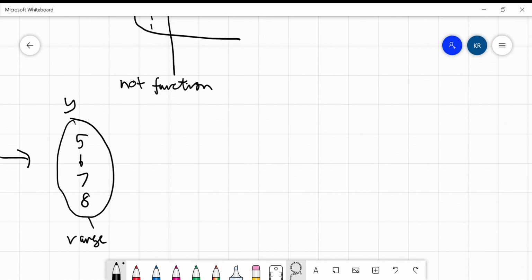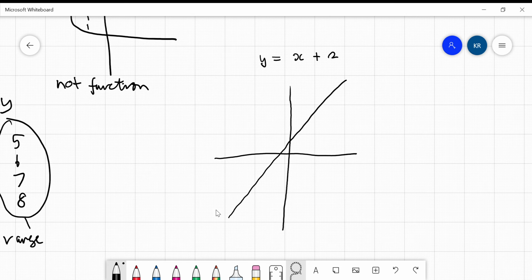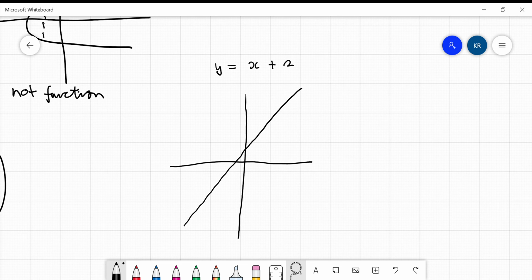So now, suppose y is equal to x plus 2. If we draw that, it'll be something like that, right? So bearing in mind there are no conditions, what would be the domain? Since there are no conditions, x can be all real numbers.